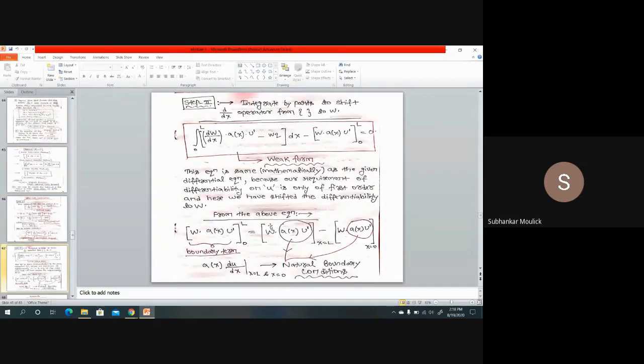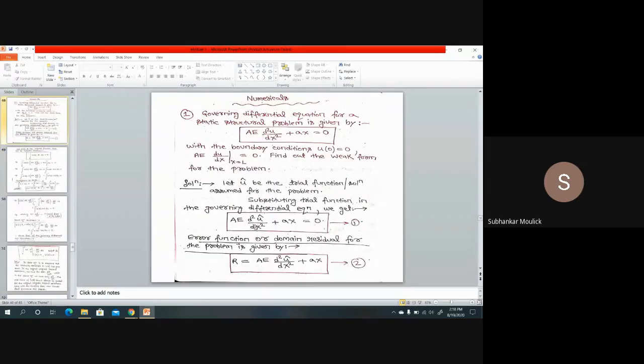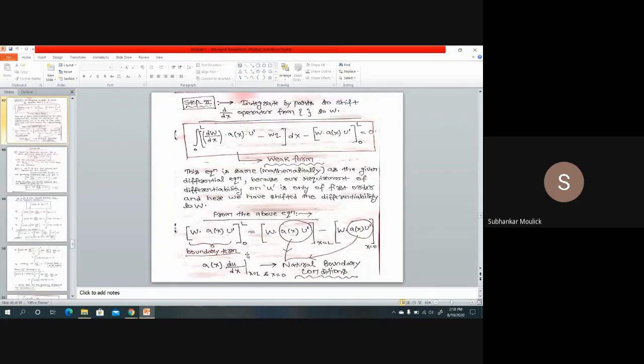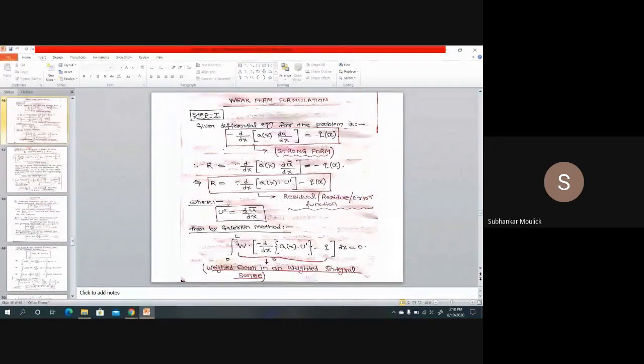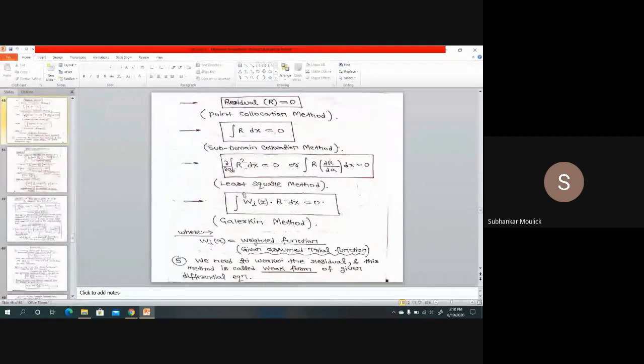For this particular problem, first we will find the error function or the domain residual. Then I have to multiply that error function with the weighted function. The weighted function is nothing but the given trial function over the entire domain. During this integration process, we need to minimize the residual.